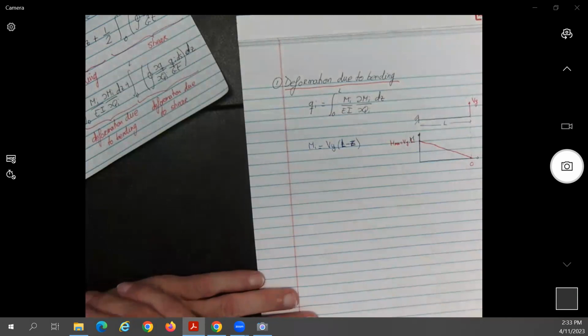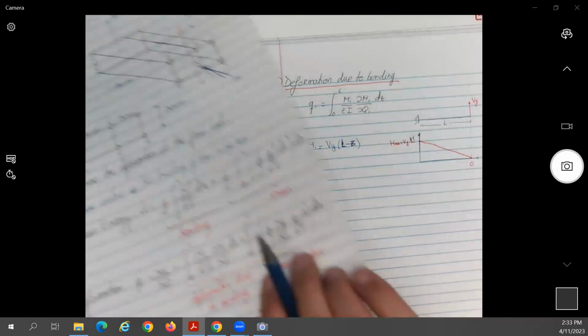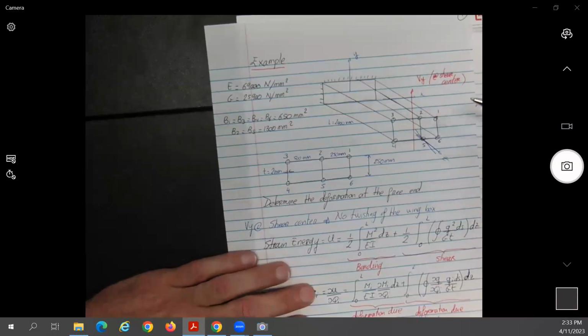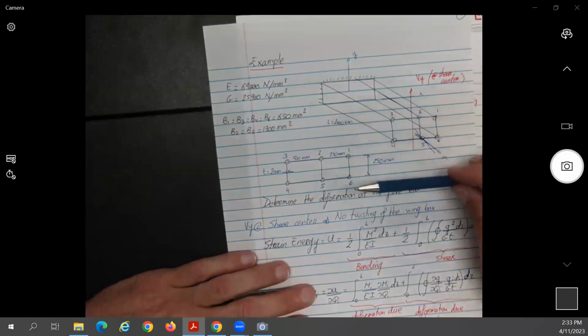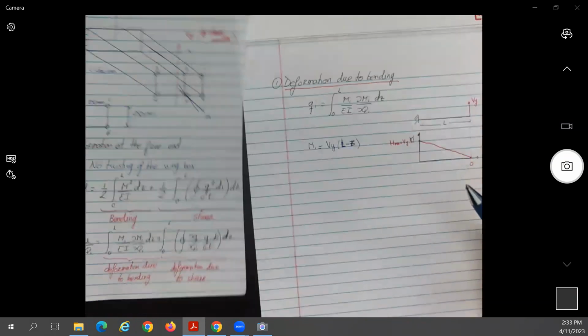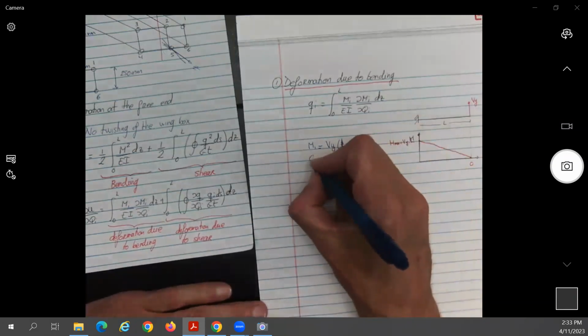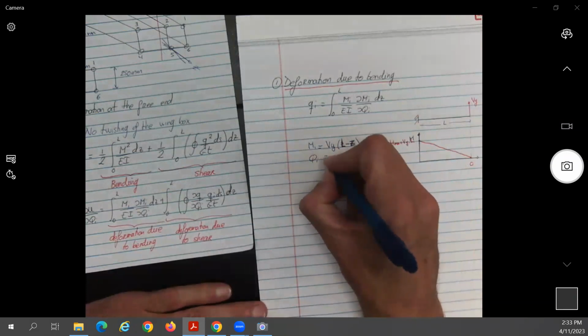Okay, and now, since it's pure bending over here, up and down, that means that any one of these points is going to have the same deformation, correct? Yes, moving up and down. So for simplicity, let's say we can select Q_i to be equal to what?